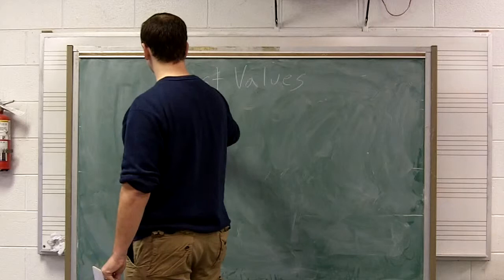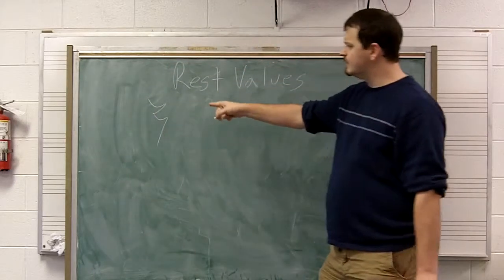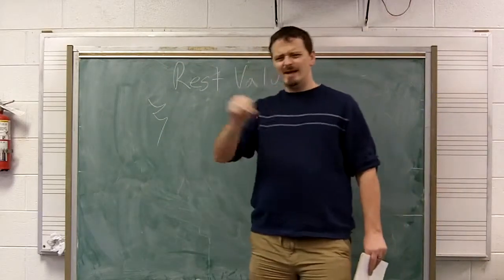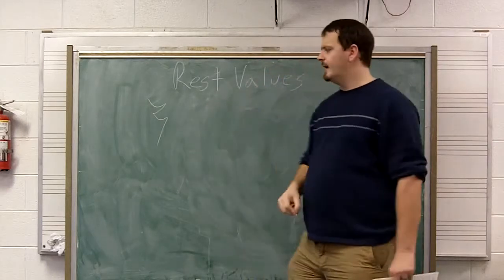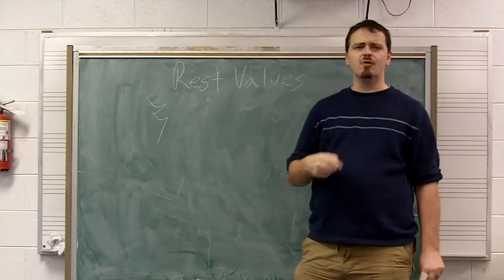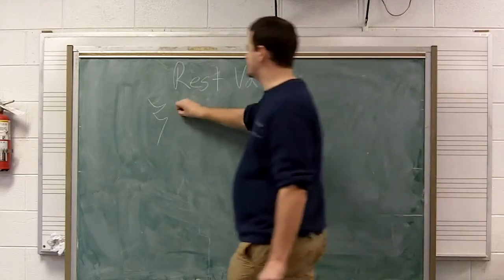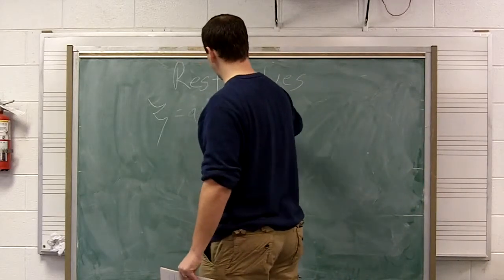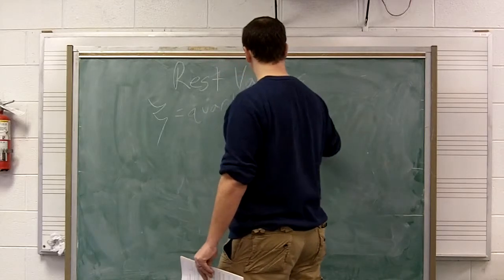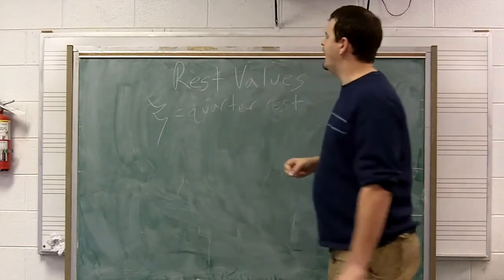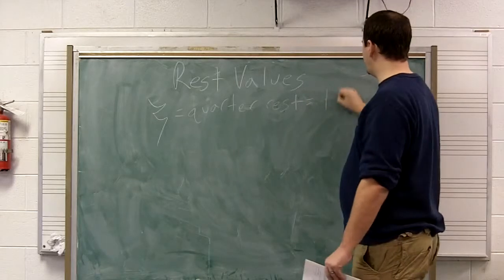The ones that we're going to learn about today look similar to this, sort of like a little lightning bolt 3 kind of, and you'll see how it's drawn on the paper when we get to the assignment. But this is your quarter rest. All right, and it lasts 1 beat.